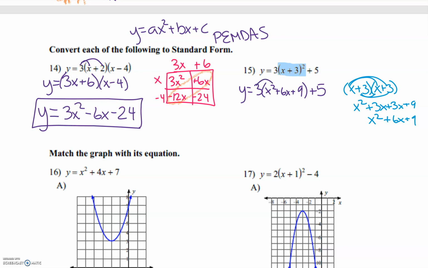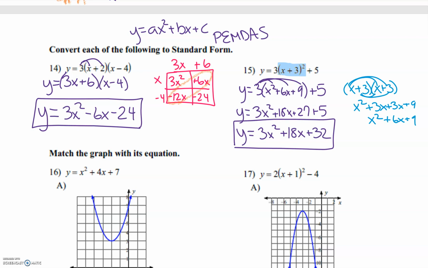So we're going to distribute this 3, only to the set of parentheses that follow: 3x squared plus 18x plus 27 plus 5, and then we can combine any like terms that are left. So we get y equals 3x squared plus 18x plus 32.